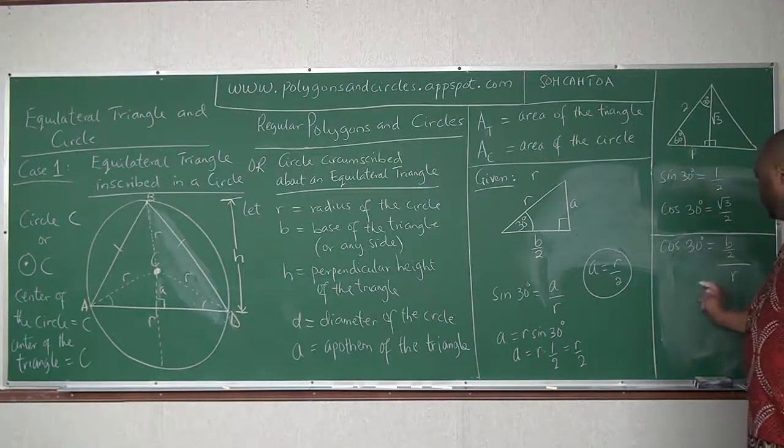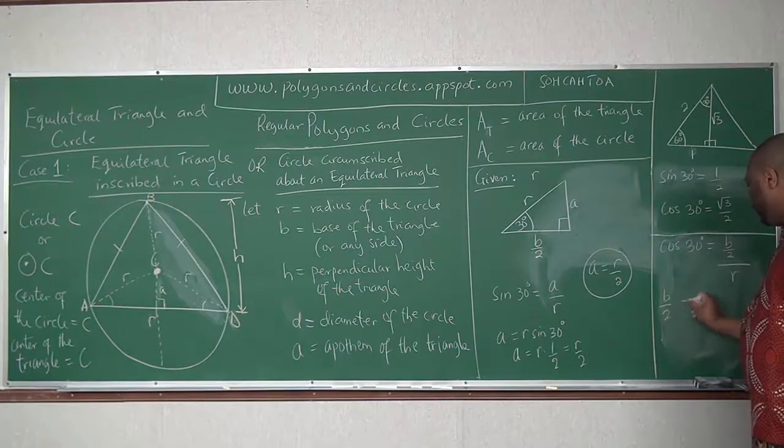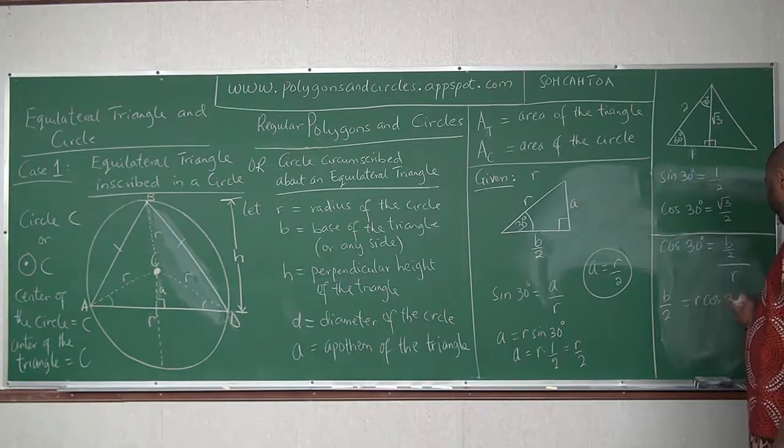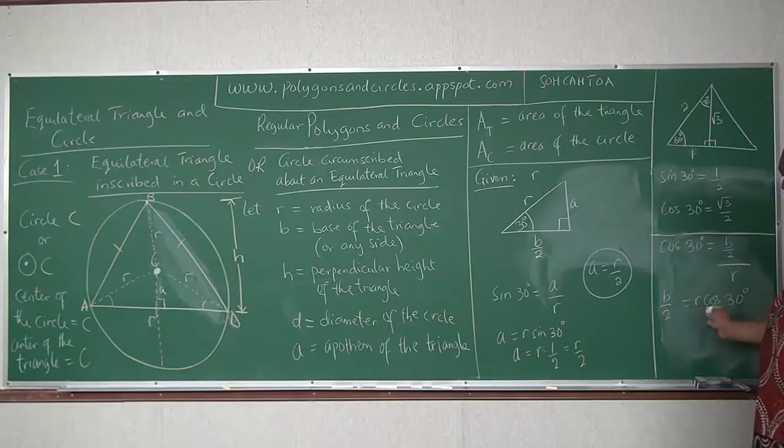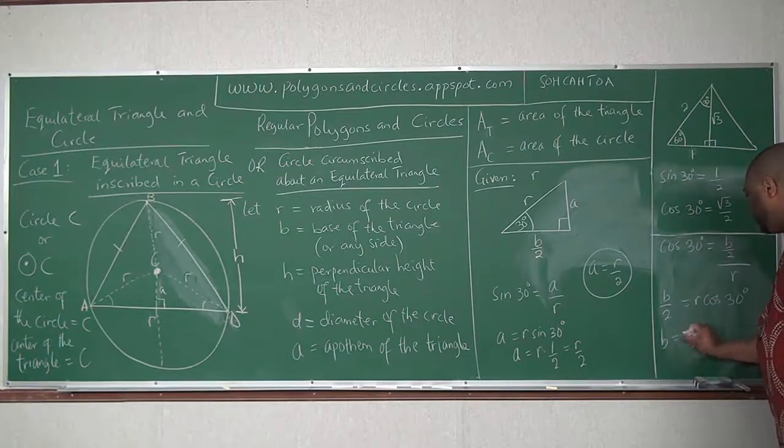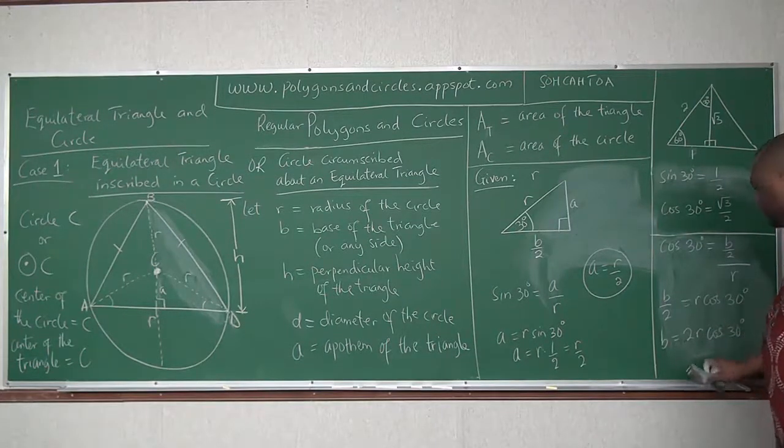So we cross multiply: b over 2 is r cos 30 degrees. Multiply both sides by 2. So b is 2r cos 30 degrees, b is 2 times radius times cos 30 degrees.